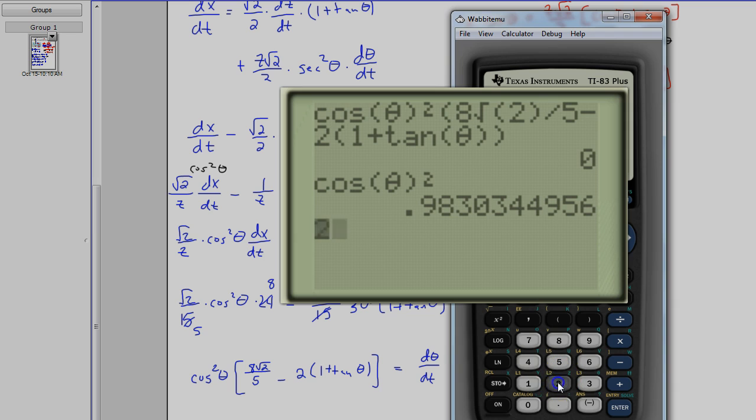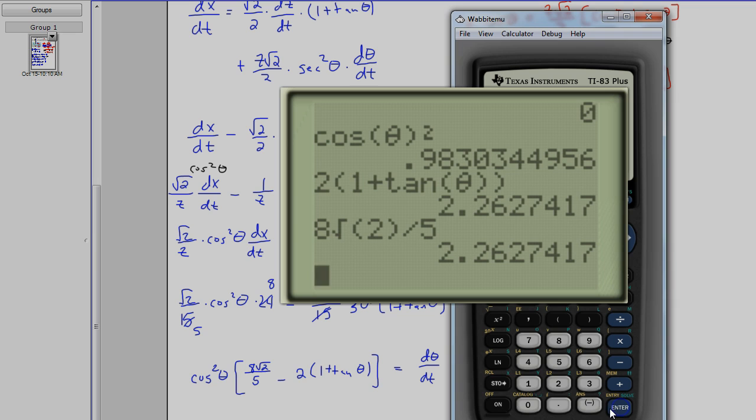And if you look, the thing that we're subtracting from 8 times the square root of 2 over 5 is 2 times 1 plus the tangent theta, which is that number. Well, 8 times the square root of 2 over 5 is also that number.